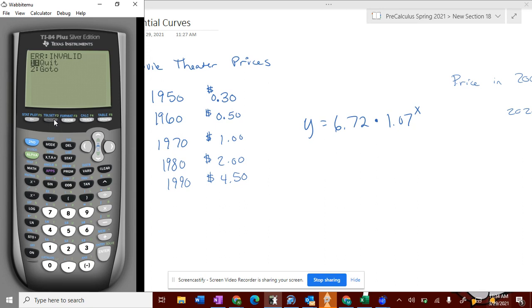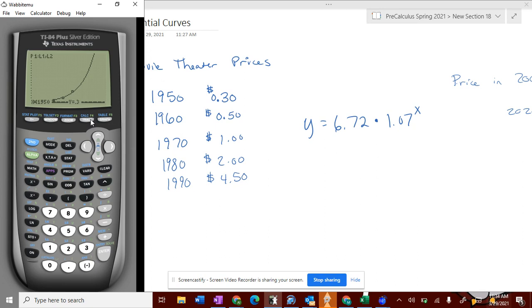So I got to change my window. See how my window ends at 1994? Let's make it end at 2024. Instead of the max being $5, let's make the max $20 and see what happens with our graph. So up it goes. And zoom.